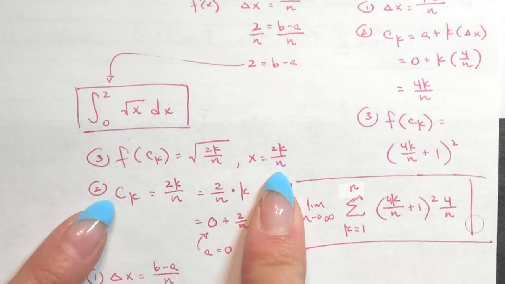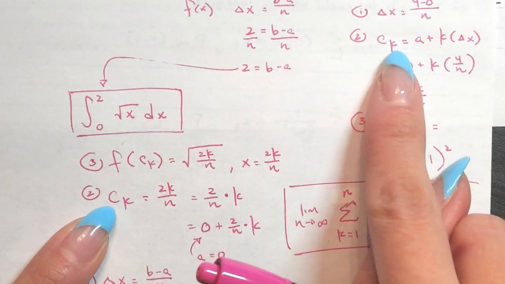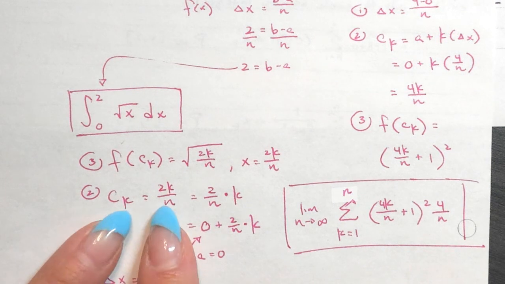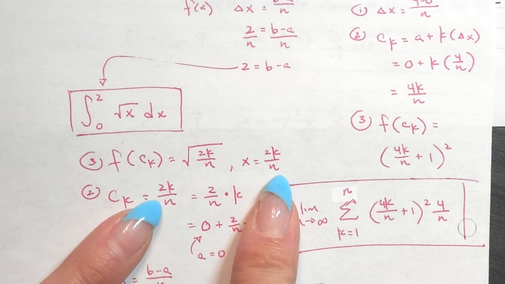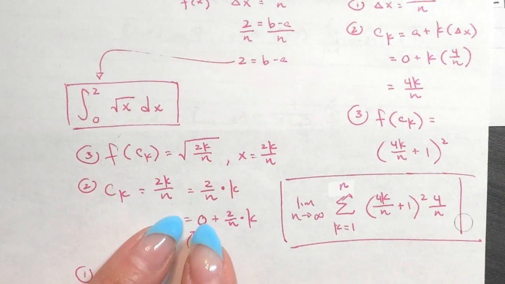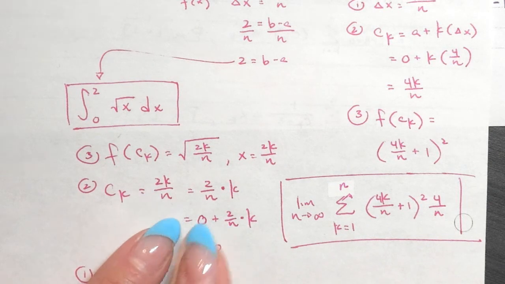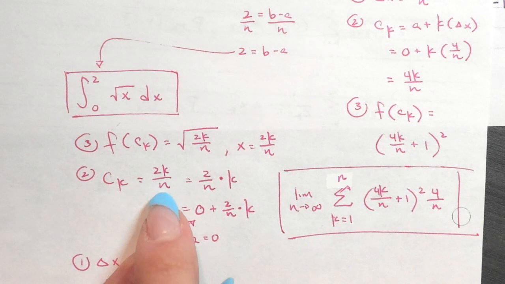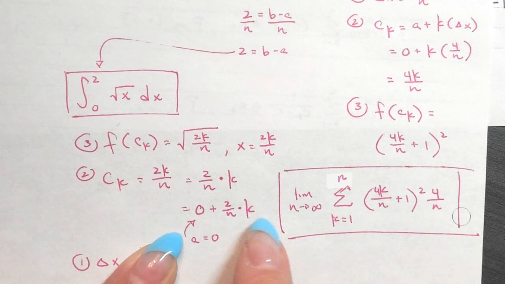So then I write my step 2, which is c sub k equals a plus something. So c sub k equals this, which is something plus this. So that something must be 0. Right? So a must be 0 in this case, because it's something plus 2k over n, and there's nothing there, so it must be 0.